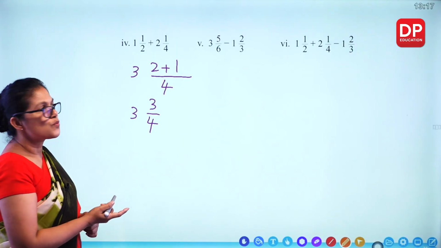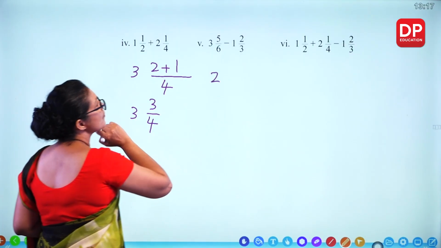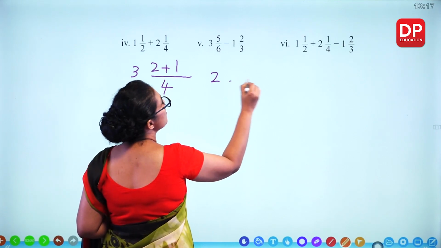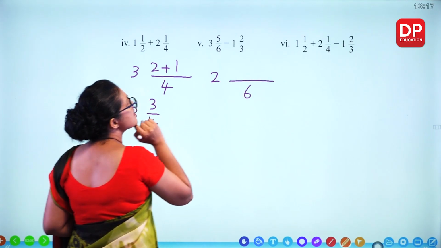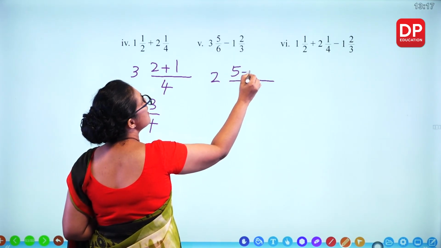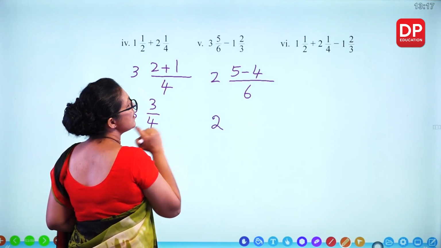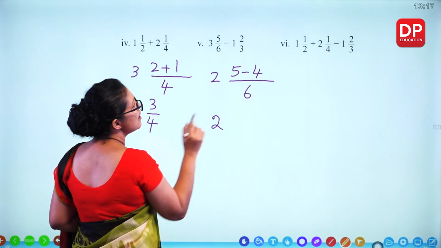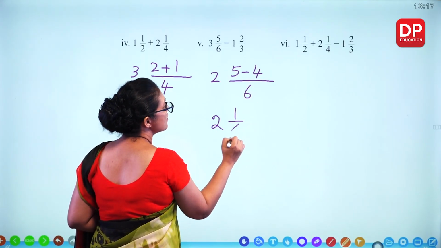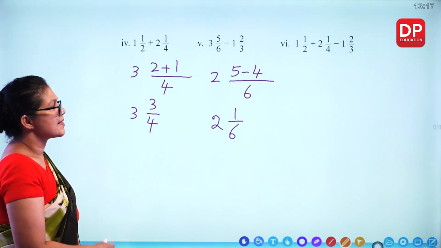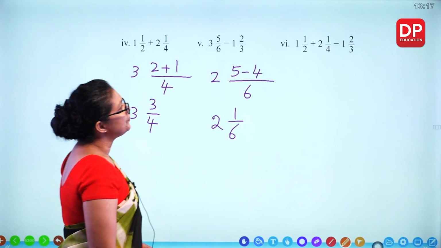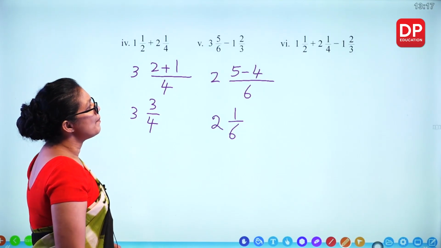This one, 3 minus 1, 2. Then lowest common multiple is 6. 5 is there and 2 times 2, 4. So 2 remaining. Here 2 whole number. 5 minus 4 is 1. So 2 and 1/6.